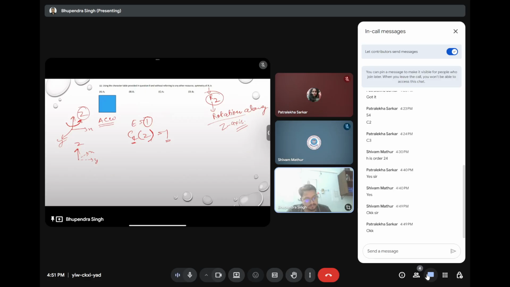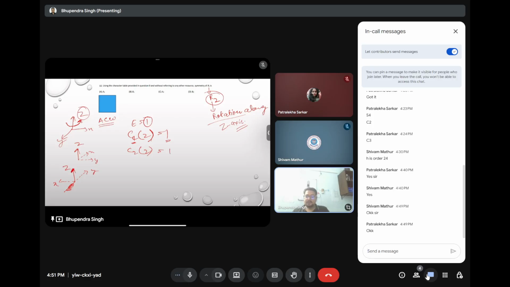Next, what is the operation? C2. C2 is also along the z direction. It will rotate like this, X, Y, Z. So Z is Z. That is not changing, right?